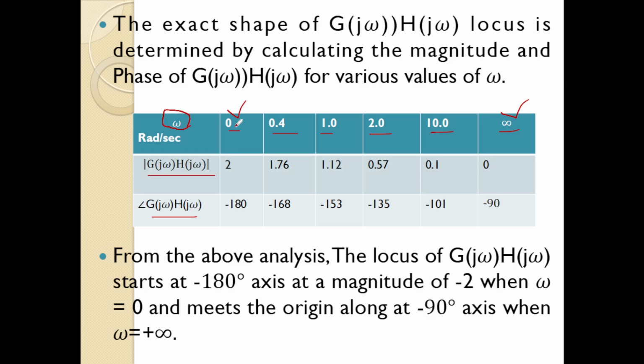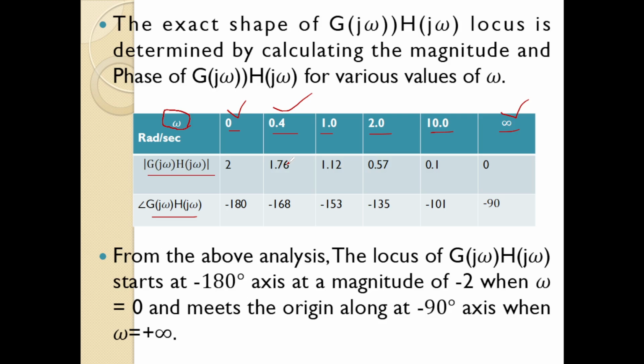If you substitute omega equal to 0, you will get magnitude as 2 and angle as minus 180, and if you substitute omega equal to 0.4, you will get 1.76 and angle is minus 168.